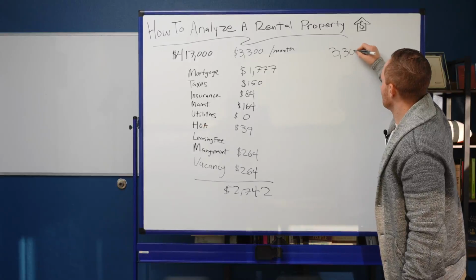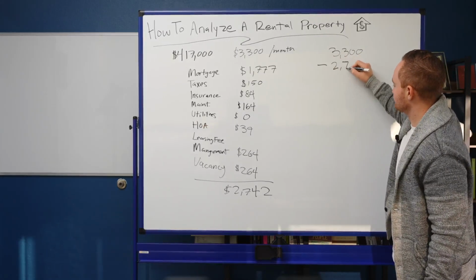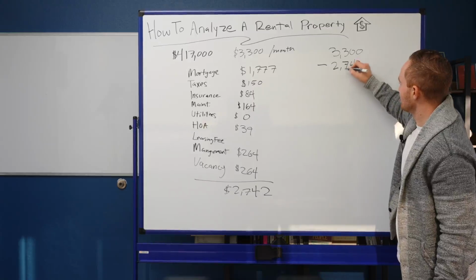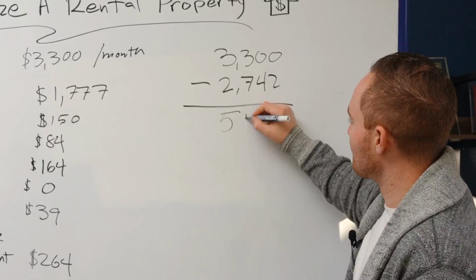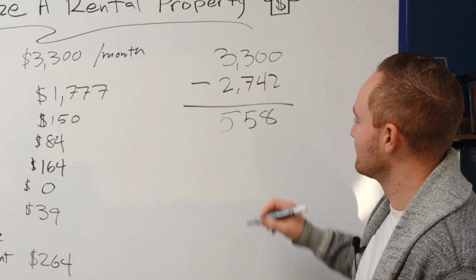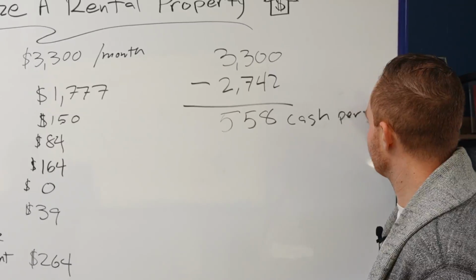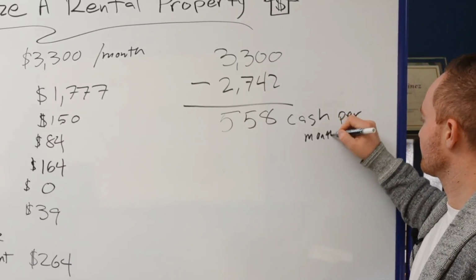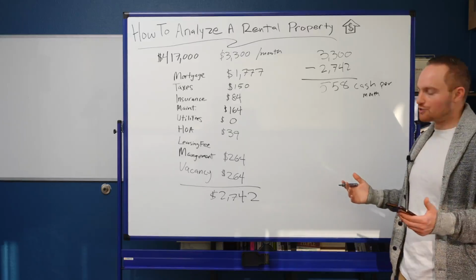So we've got the monthly rent minus our total expenses equals our cash flow. So now this is our cash flow number, $558 cash flow per month. So from here, we want to figure out how much that translates to per year, okay?